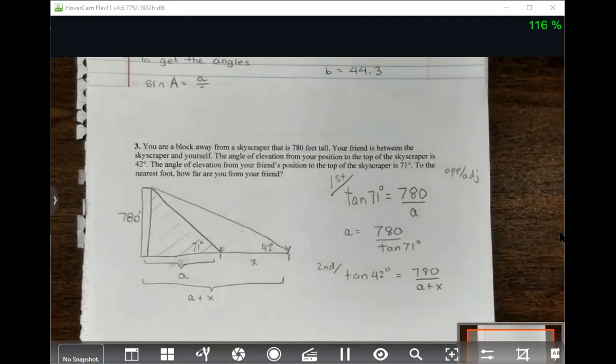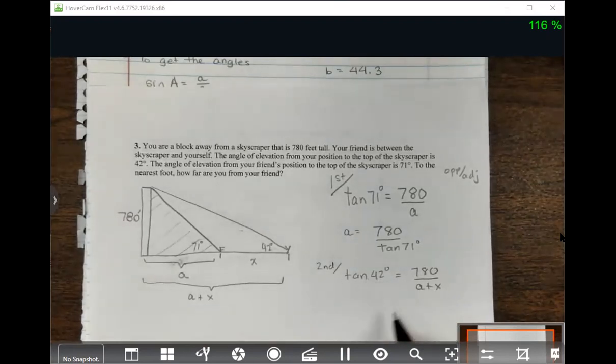And so if I solve for the X from that, first I'm going to multiply both sides by A plus X and divide by the tangent of 42. So I'm going to swap places between these two. A plus X is 780 divided by the tangent of 42 degrees.